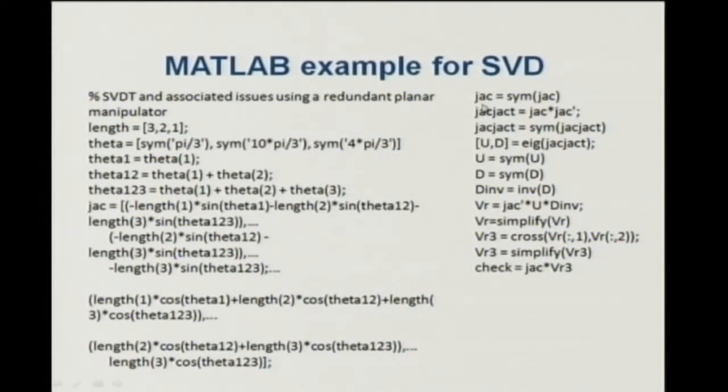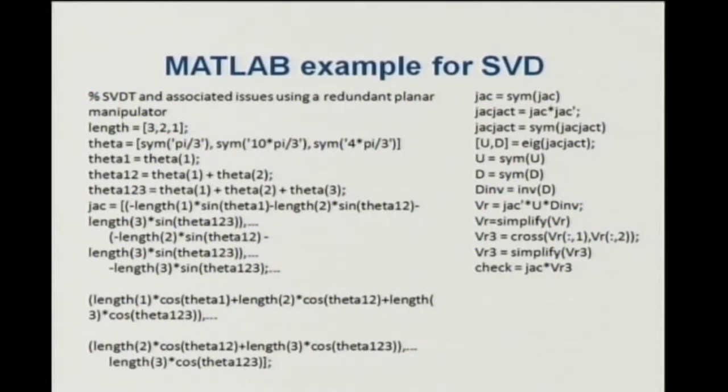So now I said, please use the symbolic form of this Jacobian which is calculated, and then I multiply this Jacobian with the transpose of the Jacobian. I defined it to be symbolic so that it keeps all the terms together and does not mess around with it.